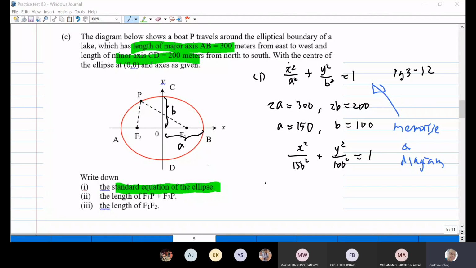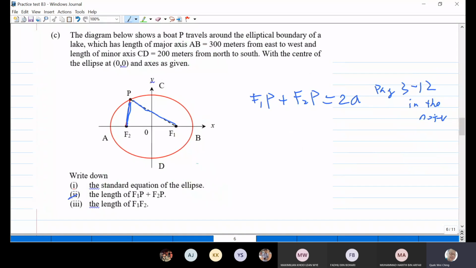Now we're going to do part B. Part B, I have this one: F1P plus F2P, what is this equal to? It's always 2a. Where is 2a? 2a is the length of the major axis, so this distance from here to here is 2a, which is AB, right?